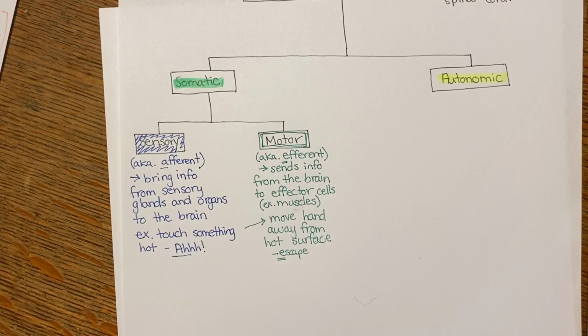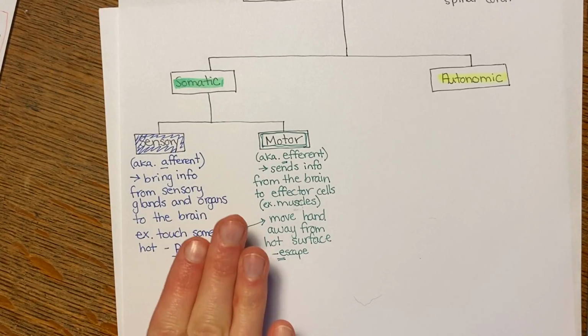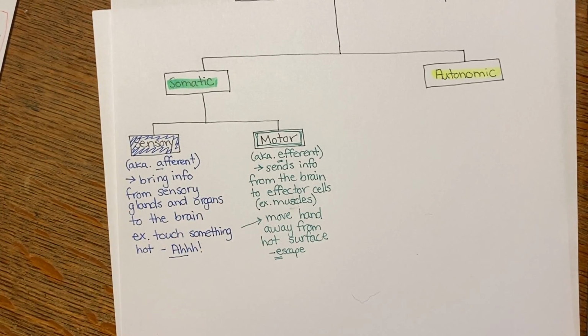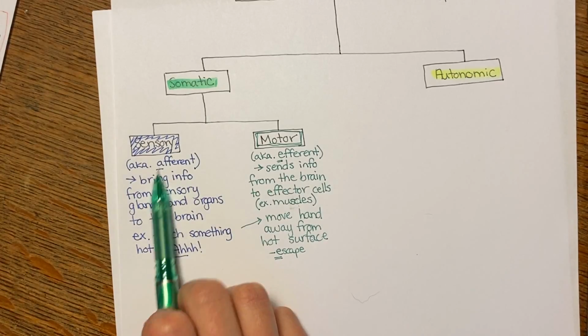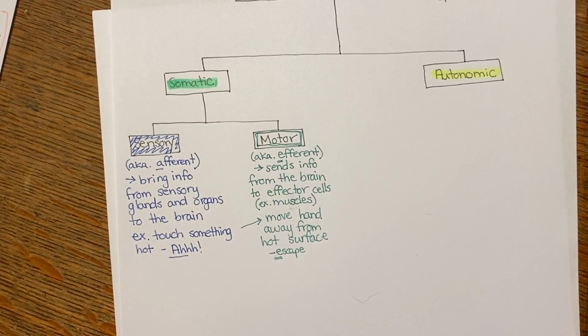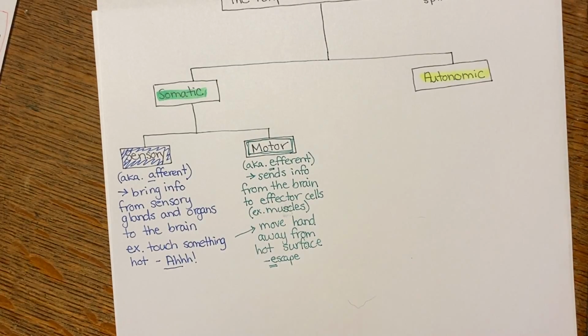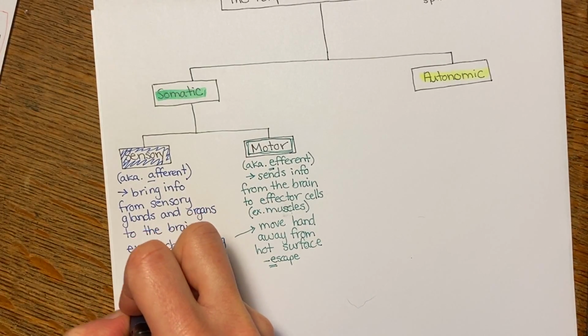The full idea here is that you touch something hot, so you'd go ah, and the ah is sensing the heat going to your brain. Your brain sends the signal back to your hand to escape from whatever that surface touch was. So you're moving E, escape, E, efferent nerves, ah, afferent nerves. So again, these are all conscious.